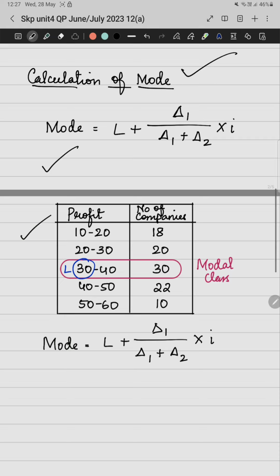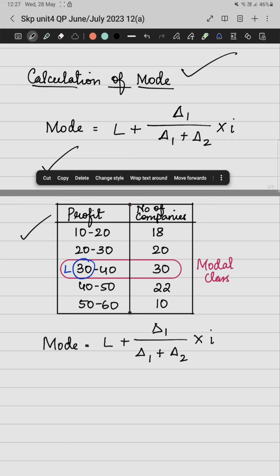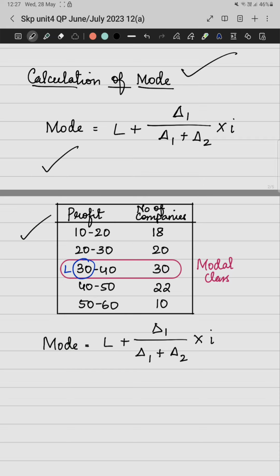I have written the mode as it is. We'll just remove this so that you don't find it difficult to understand. Now, this is the question.